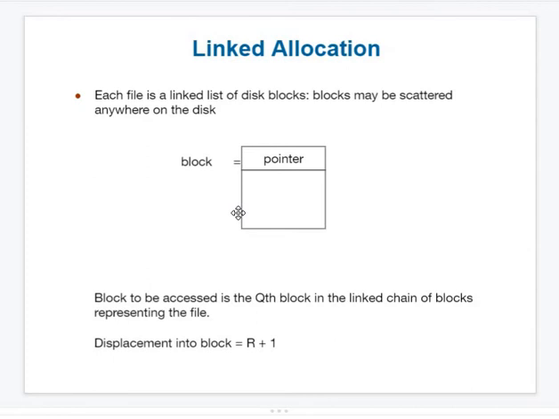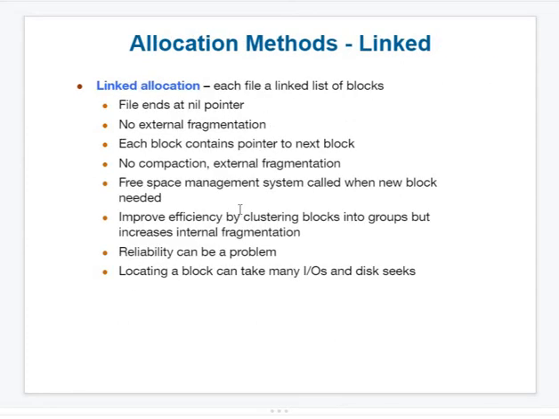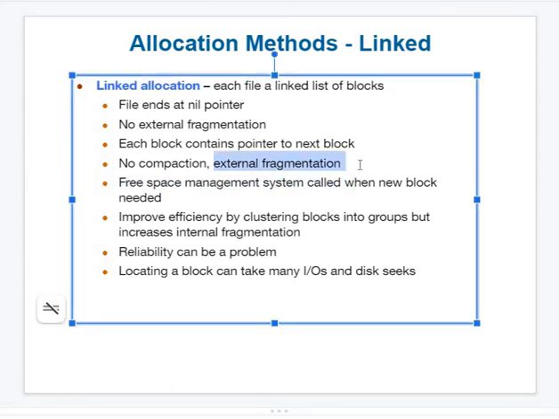The advantage of the linked method of allocation is that, using a pointer, we can access the blocks anywhere even though they are non-continuously allocated. So the external fragmentation problem is solved, and we are also utilizing the free spaces best.